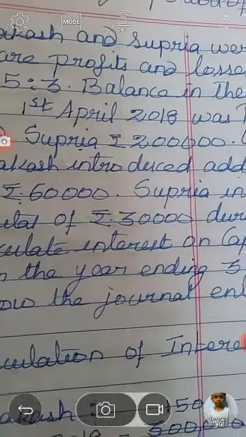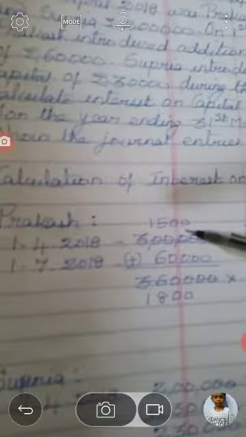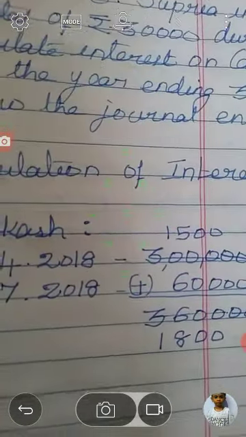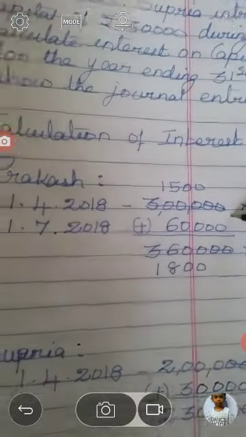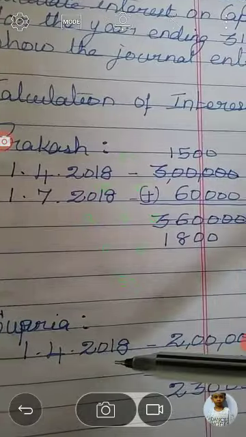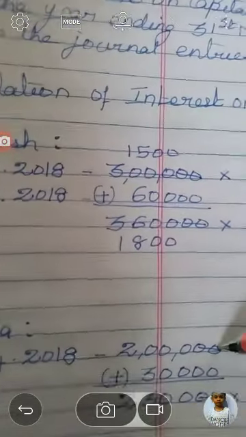On 1st April 2018 you have to put a date. Prakash 1/4/2018, 3 lakhs. You have to leave some space. Then Supriya 1/4/2018, her capital is 2 lakhs.